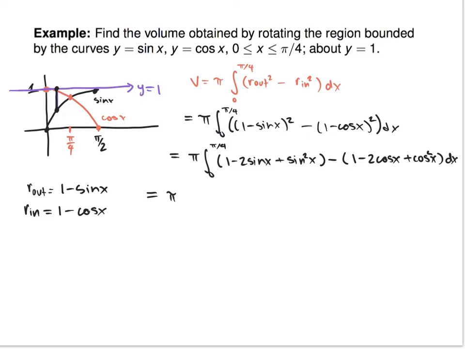Some semi-nice stuff happens. Only kind of. The ones cancel. You get negative 2 sine x plus 2 cosine x plus sine squared x. And is it minus or plus cosine squared x?